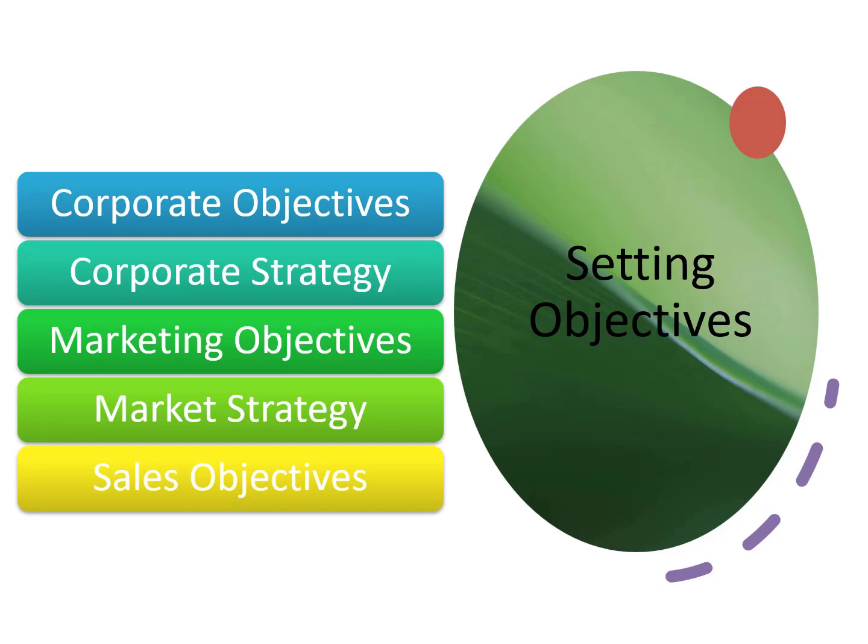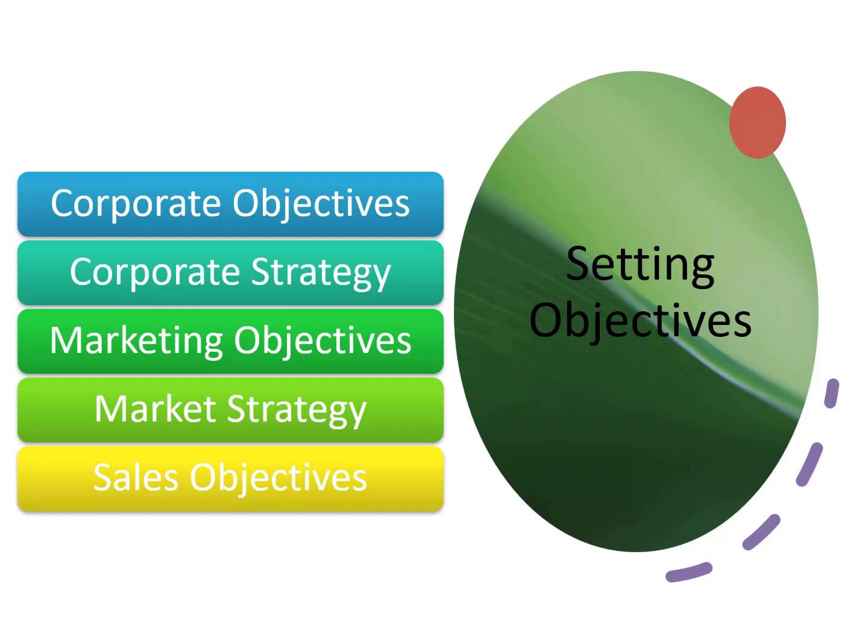But the marketing strategy should come from the marketing objectives, which of course comes from the corporate strategy, which comes from the corporate objectives. And the marketing strategy, of course, will have the detailed sales objectives.